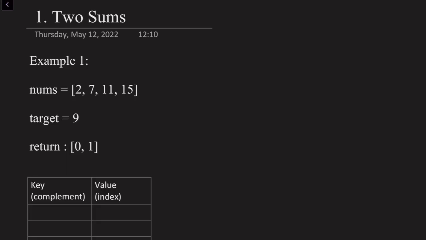In this first example, we have an array of integers called nums, and we also have a target, which is 9. In this case, we're going to return an array which includes 0 and 1, because as you can see here, 2 plus 7 is 9, so we're just going to return the indices, which in this case are 0 and 1.